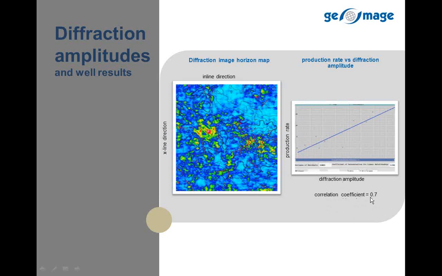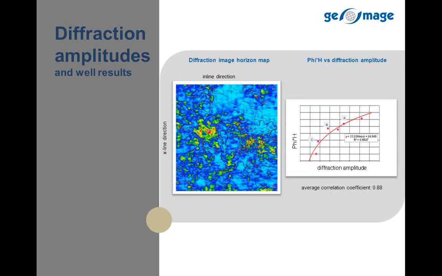Here is about 0.7 correlation between the diffraction amplitude and production rate. This shows another cross plot between something which I don't understand very well and the diffraction amplitude, and the average correlation coefficient is 0.88.